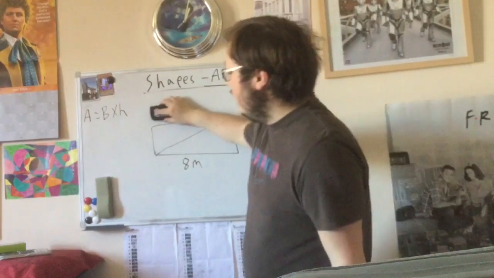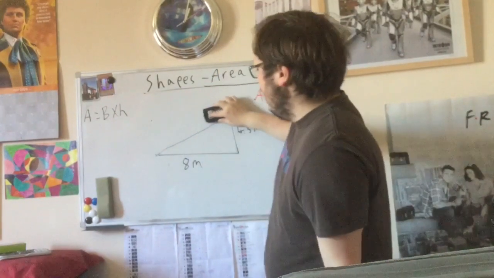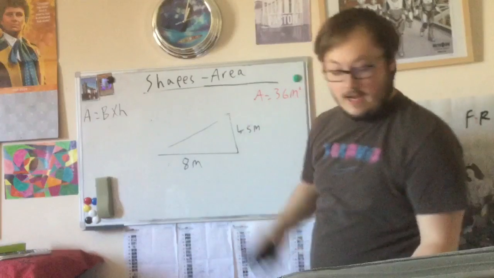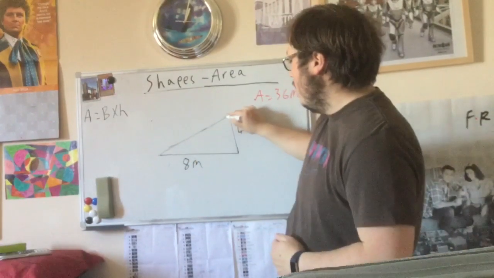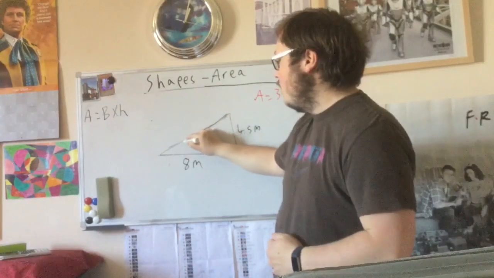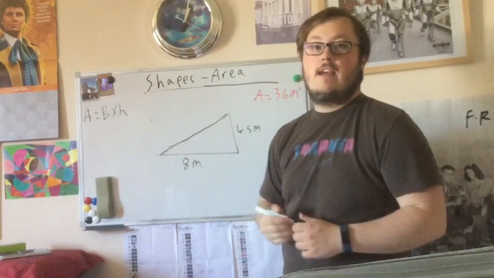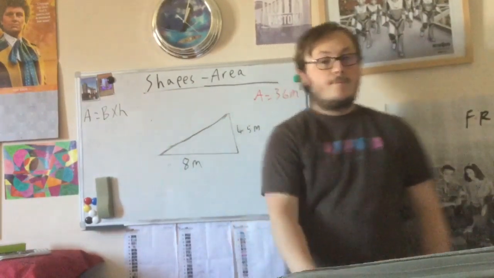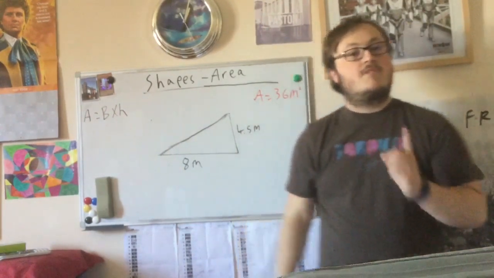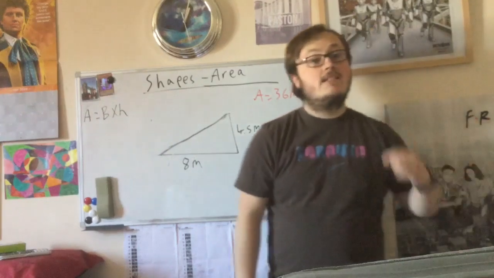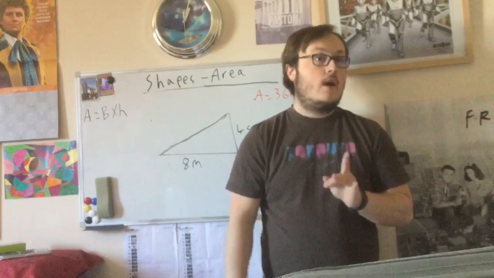But what if I rubbed this bit out? Because what you may not have realised was that line actually splits this rectangle in half. Like so. And I've rubbed out 1/2 of this rectangle. And I've ended up with a triangle. Right angle triangle, to be more precise. Now, how can I find the area of this triangle?